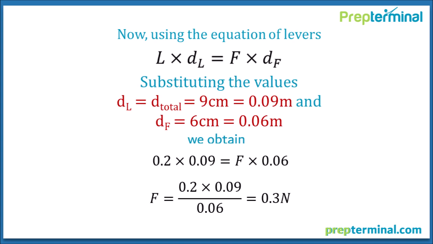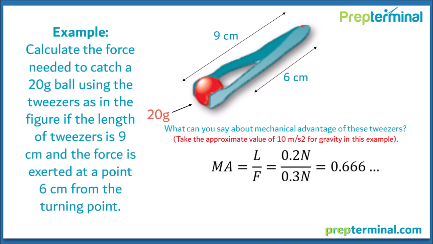F equals 0.2 times 0.09 divided by 0.06 equals 0.3 newtons.